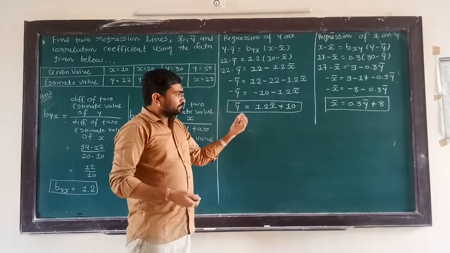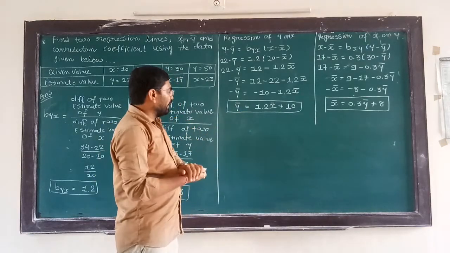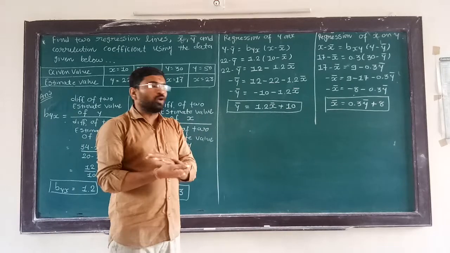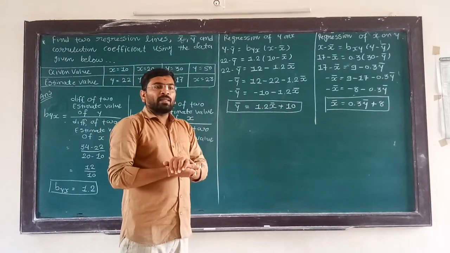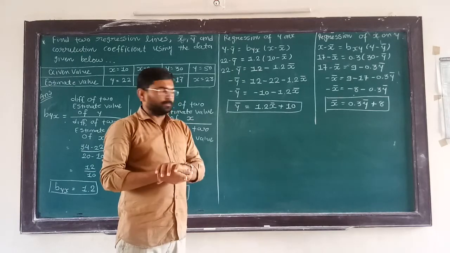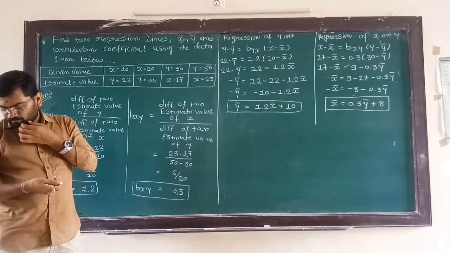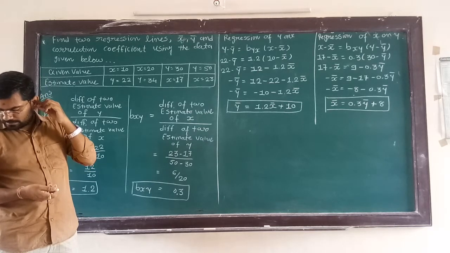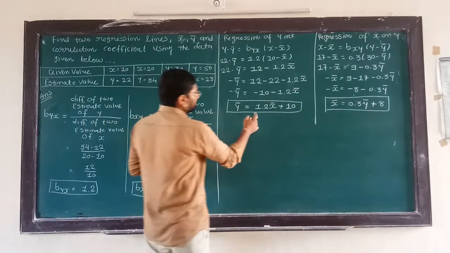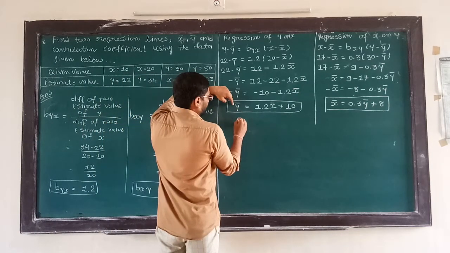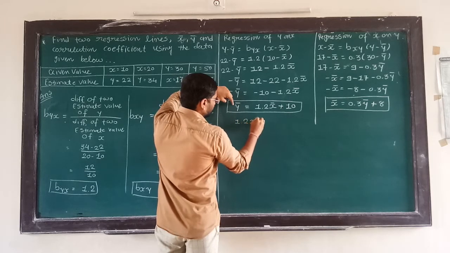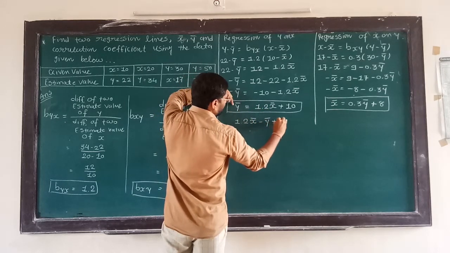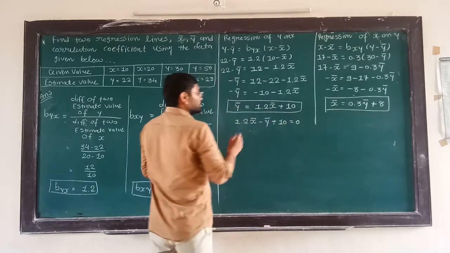See the students, first of all we arrange in our regular method of fractions. First we have to arrange these two equations according to the standard form of equations. See: 1.2 x bar minus y bar plus 10 is equal to 0.